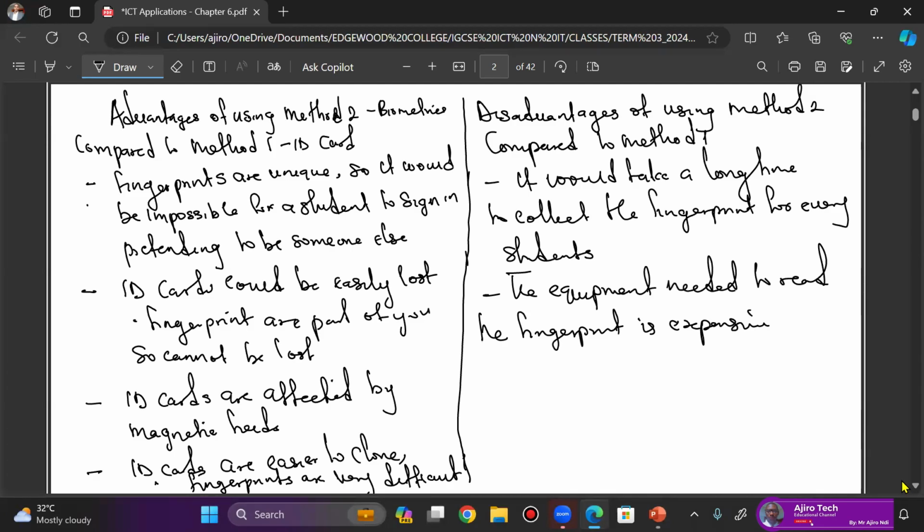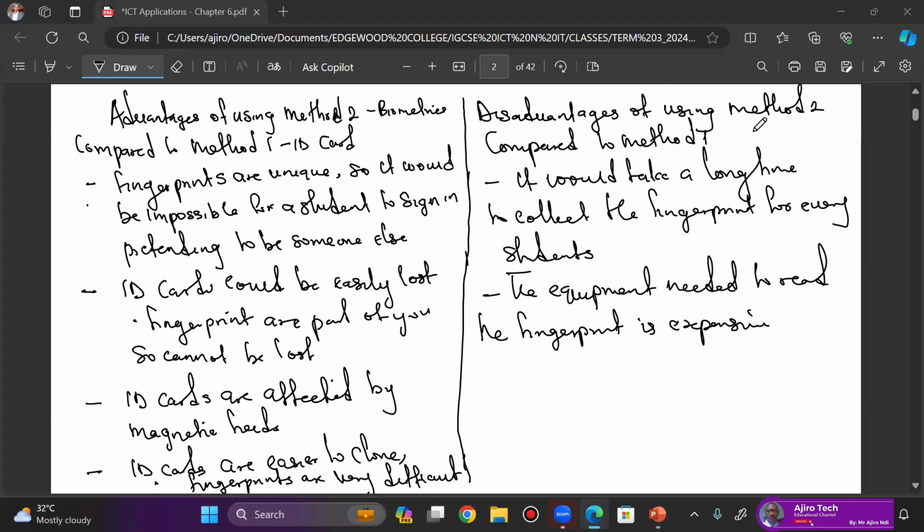Now, what happens if a student mistakenly cuts his or her fingerprint? It might not be identified in the system because that fingerprint has an issue. So it might not be able to read that information on time, or there might be a bit of difficulty reading that information.